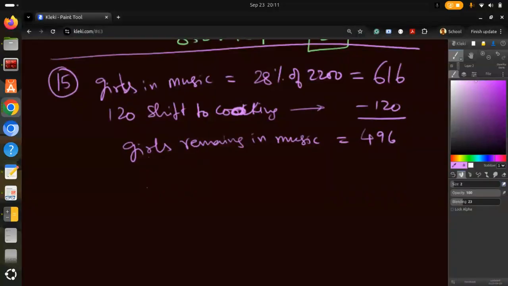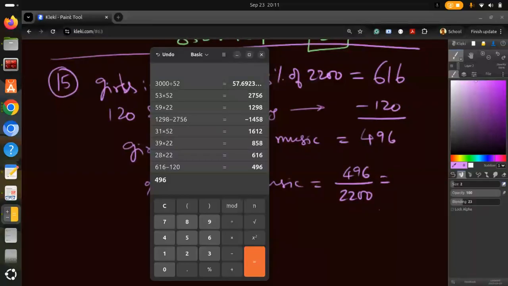Now, the percentage of girls in music will be 496 divided by the total, 2200. Because the total is not changing, I just need to calculate this percentage. So 496 divided by 2200, and the answer is like this.